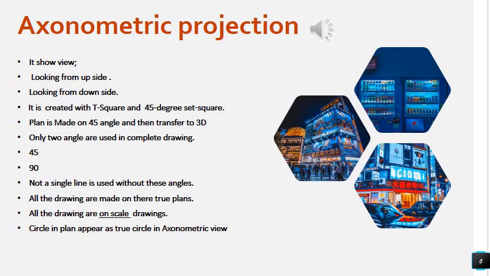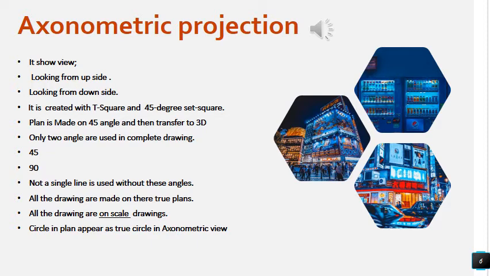Only two angles are used in axonometric projection. The rule of axonometric projection is to have two angles, 45 and 90. The plan is made at a 45-degree angle and then transferred to 3D.